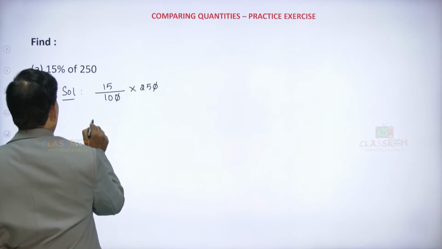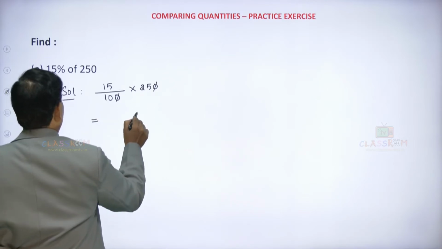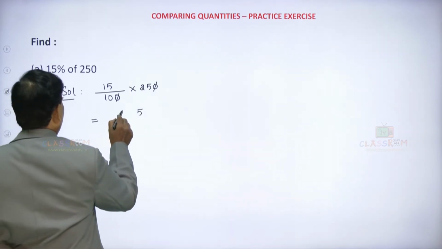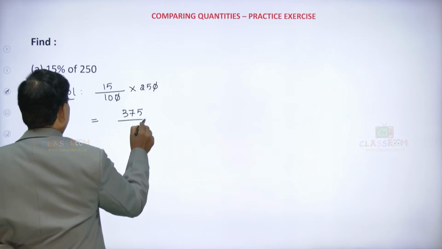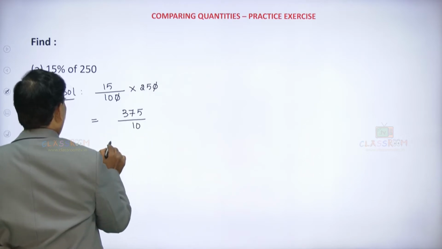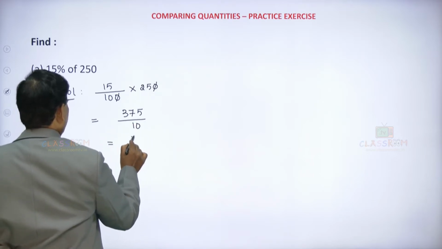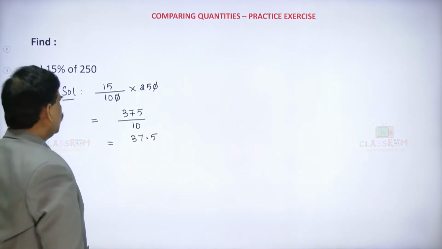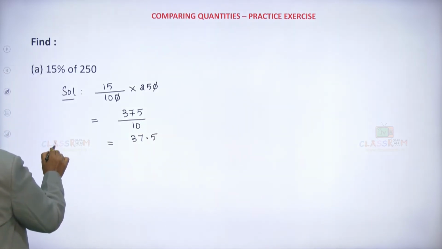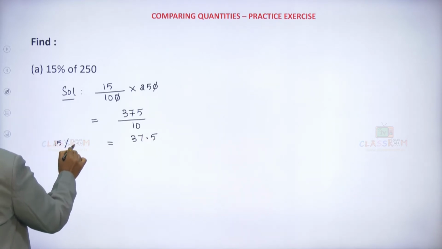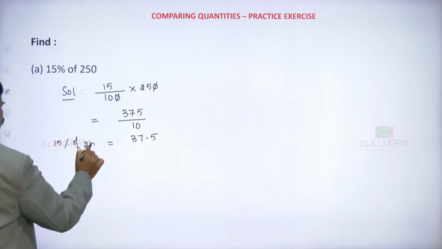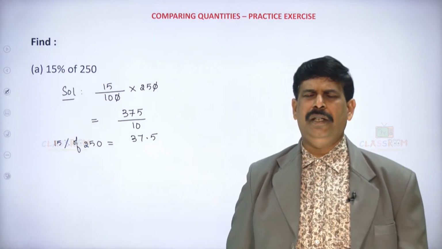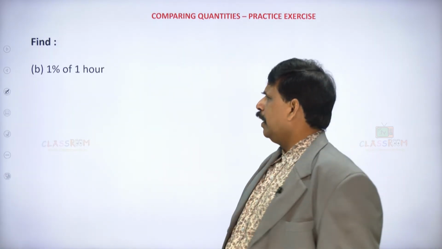So, just do one thing. 15 5s are 75. 7 left. 15 2s are 30 plus 7. 37 upon 10. So, now 1 point from the right. It is 37.5. So, 15% of 250 is equal to 37.5. Clear? See the next one now.